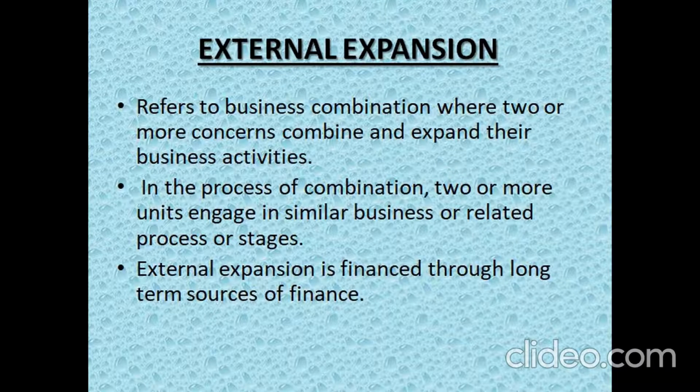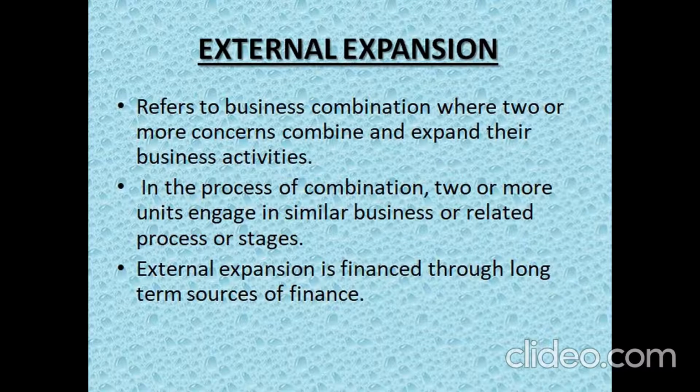For example, two companies manufacturing cars, both are manufacturing cars, but they have combined together so that they can utilize their technical know-how, or the market share, or the finance, or whatever is the reason. These two concerns combine together, so that is external expansion.